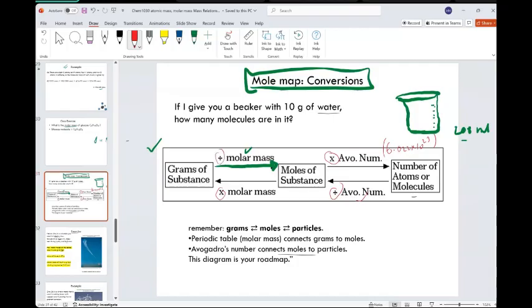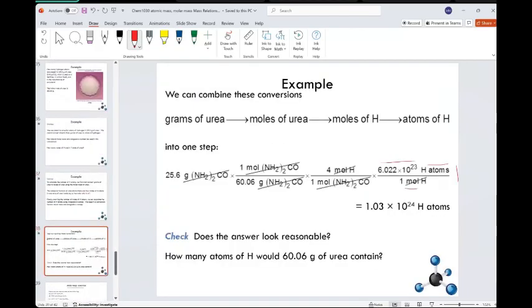So I want you to write this diagram 5 or 6 times. Just write it using paper and pen. And then after that, you will understand the relation. And we will use the relation tomorrow to solve some of the mixed type of questions.